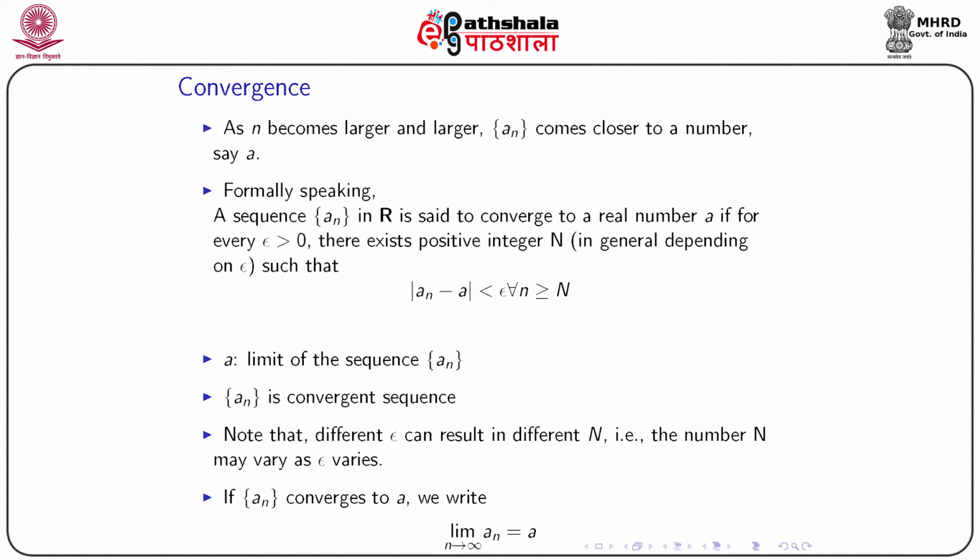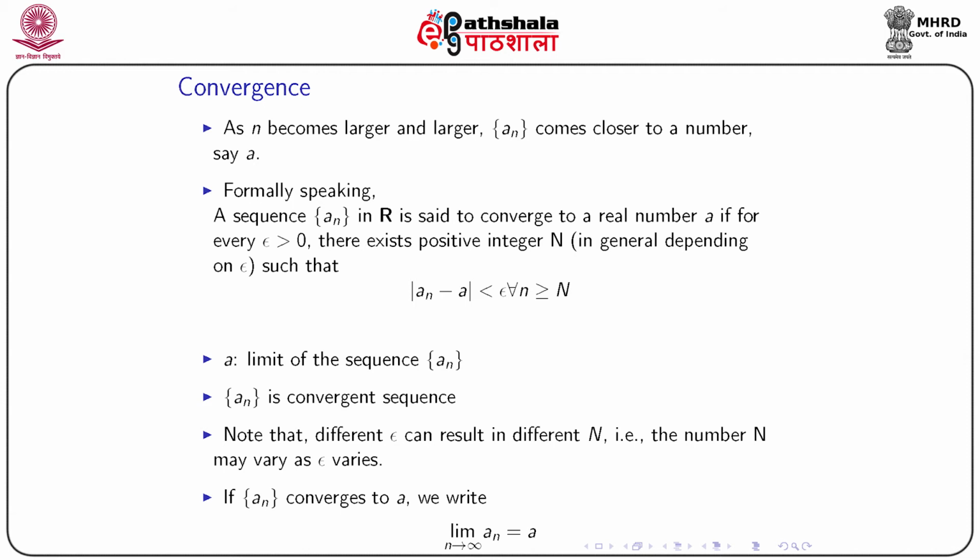That means the absolute difference between an and a is less than epsilon whenever n crosses the positive number capital N, and this a is called the limit of the sequence an, and an is called a convergent sequence.